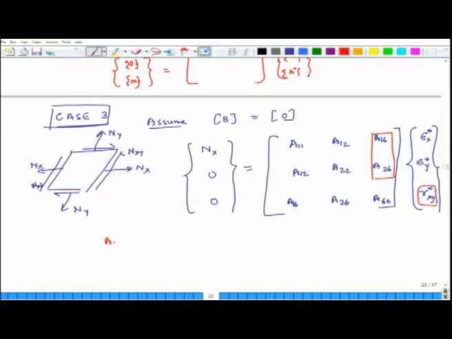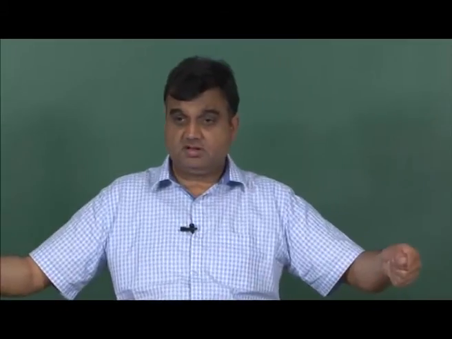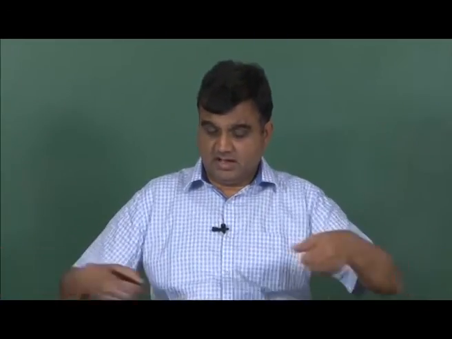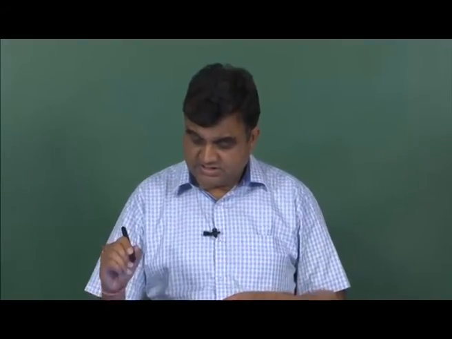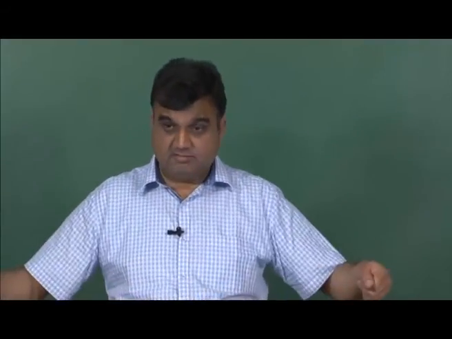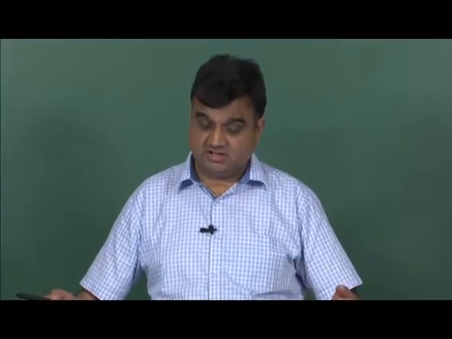So, A16 and A26 couple extension and shear strains. If A16 and A26 were 0, then if I pull it, it will only exhibit stretching and Poisson contraction. But if A16 and A26 are not 0, and I pull it, it will also generate shear strain.